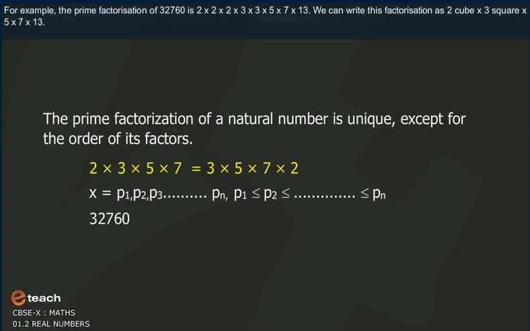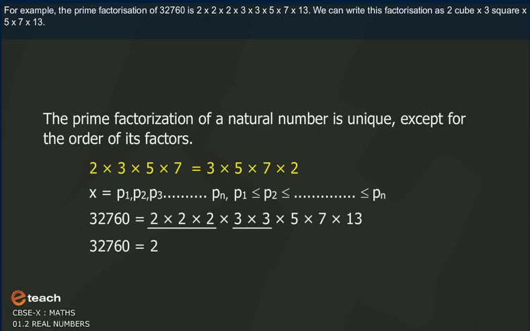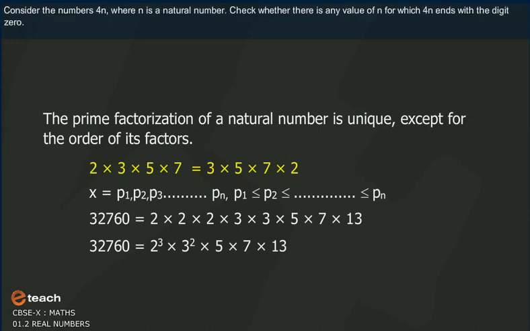For example, the prime factorization of 32760 is 2 into 2 into 2 into 3 into 3 into 5 into 7 into 13. We can write this factorization as 2 cube into 3 square into 5 into 7 into 13.